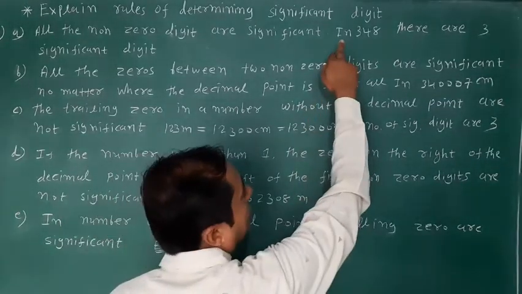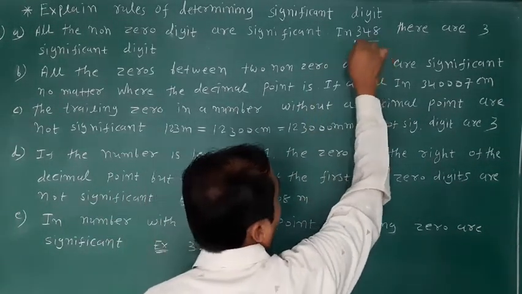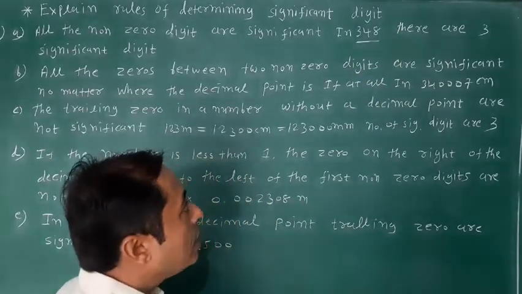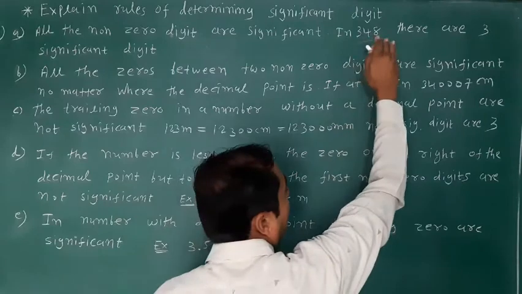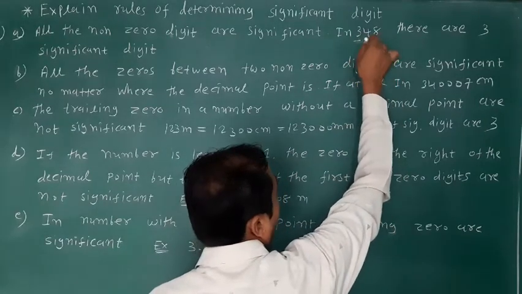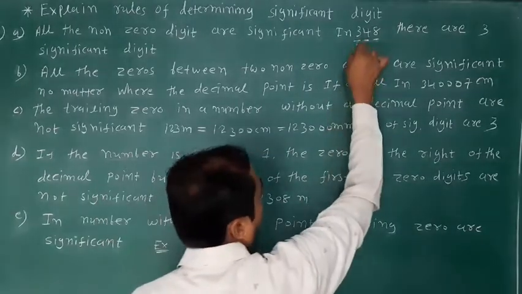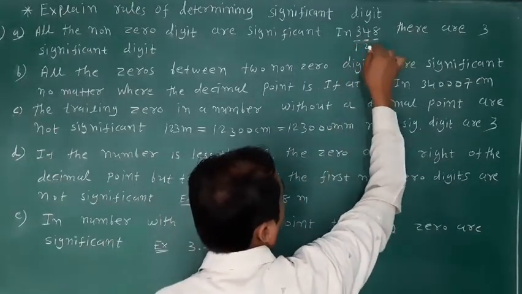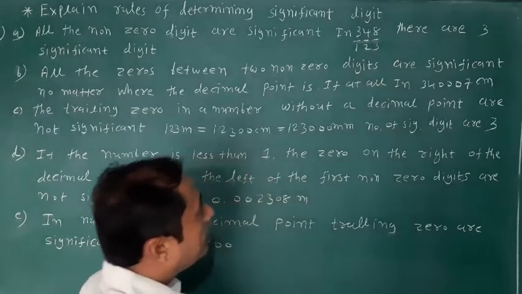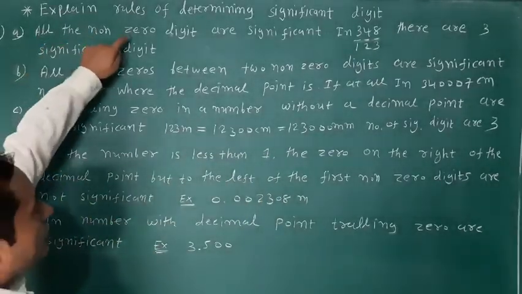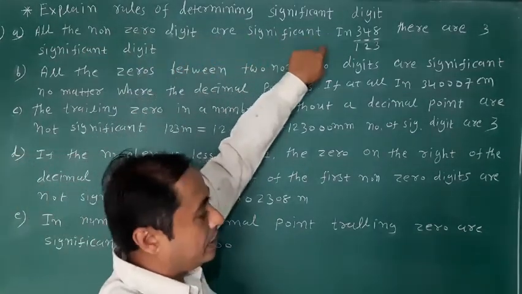Suppose, look here, now we have the number 348. In this number we have three significant digits: first, second and third. Means all non-zero digits are significant.